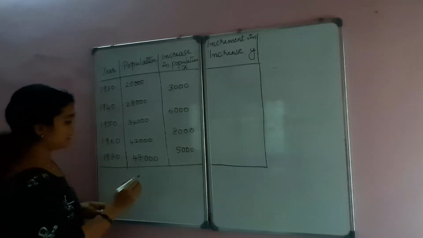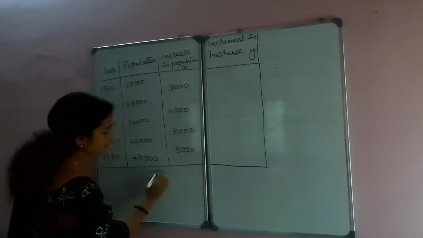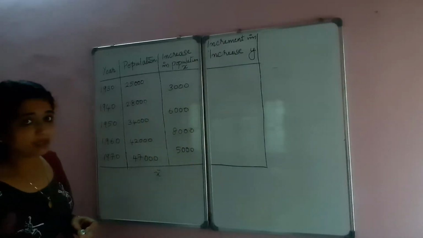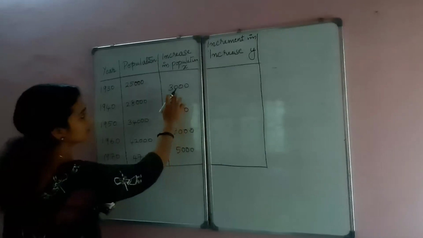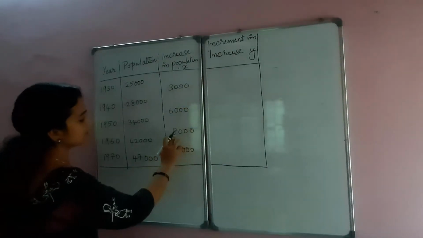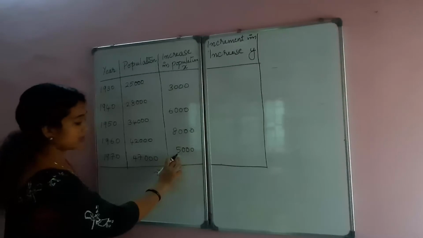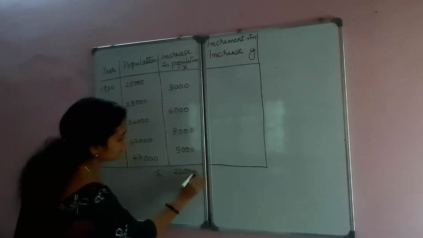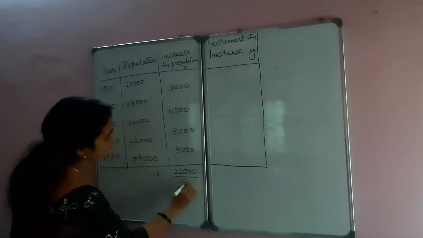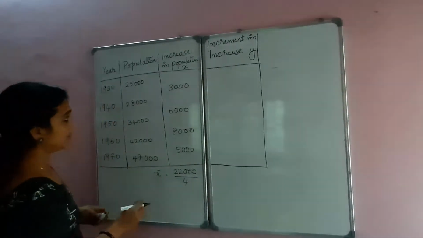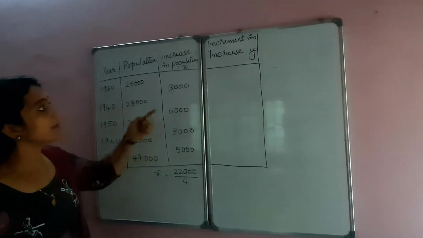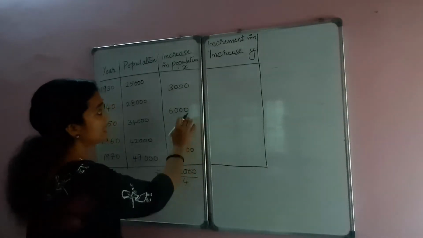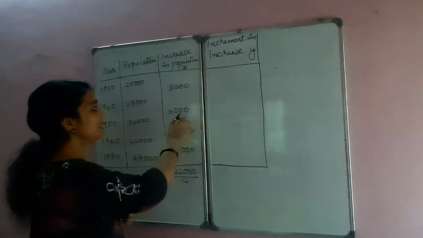Then we have to calculate the X bar. What is X bar? The total of increase in population divided by 4. That is 3,000 plus 6,000 plus 8,000 plus 5,000, that is 22,000 divided by 4. Then we have to calculate the increment in increase.